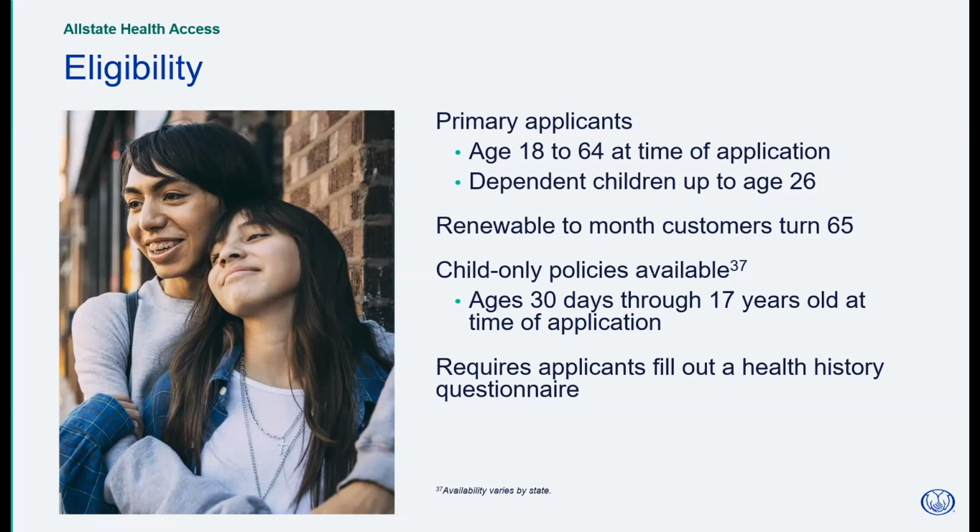Dependent children can be on the plan up to age 26. Child-only plans are available in some states, not all, and they can start as early as 30 days and go through 17 years old at the time of the application. And someone asked earlier, are there health questions? Yes, there are health questions.